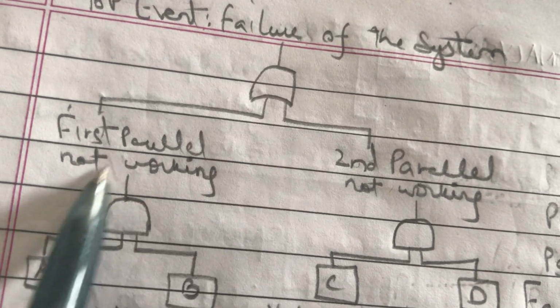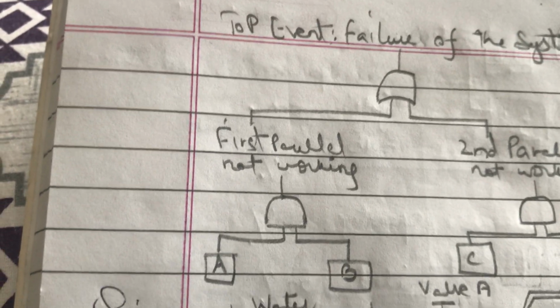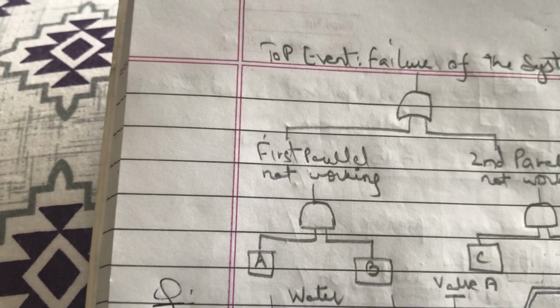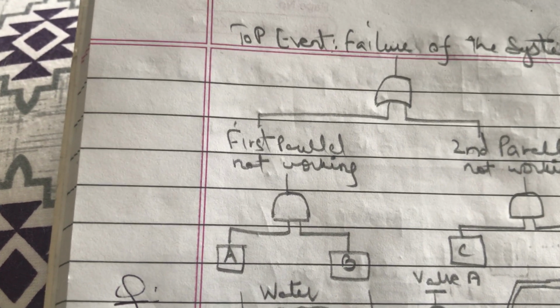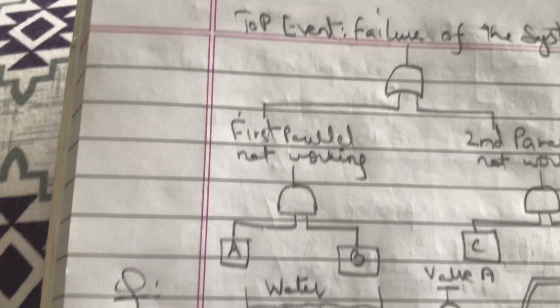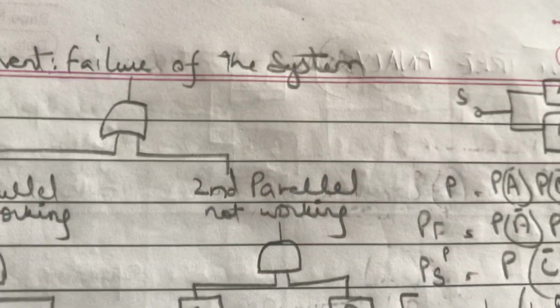The AND gate represents this: if either one has failed, the other is working, so our system will work. If the upper one has failed, the lower is working, so our system is going to work. The same here also, we have the second parallel not working.